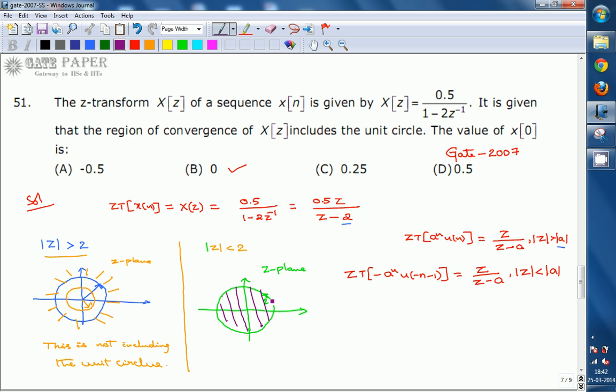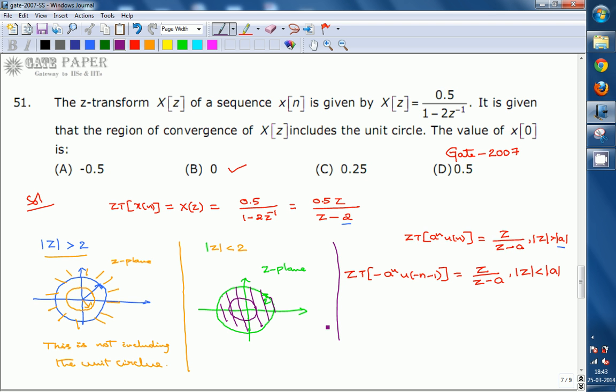This entirely includes the unit circle. So we will take this mod z less than 2 case.